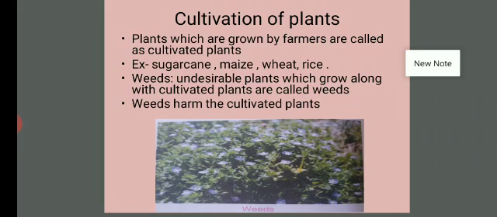How are they harming? My dear students, cultivated plants want nutrients from the soil for their proper growth. If weeds are also growing there, weeds also consume the nutrients. So cultivated plants will not get proper nutrients. In this way, weeds harm the cultivated plants.